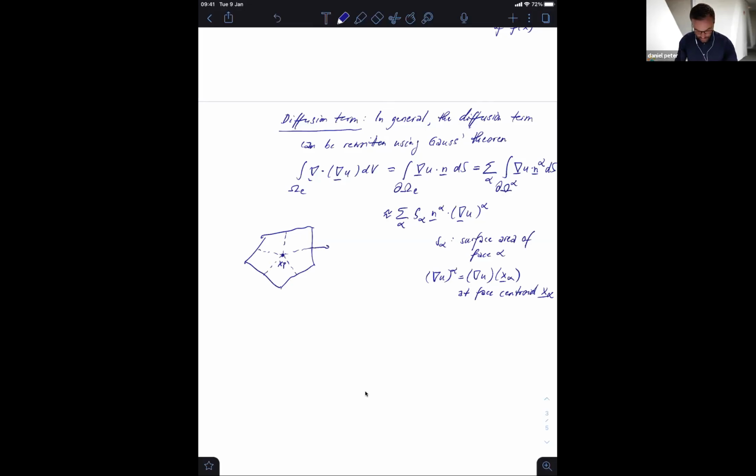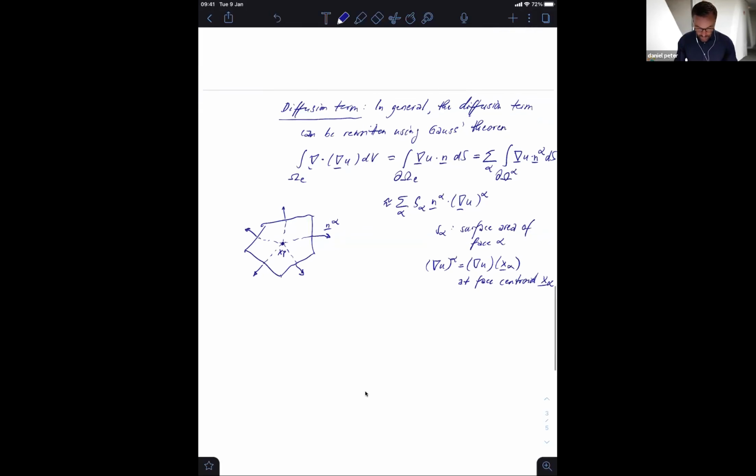Each face has its associated normal vector n alpha, which points outwards. So then the diffusion term will be approximated by the sum over these expressions for each face.